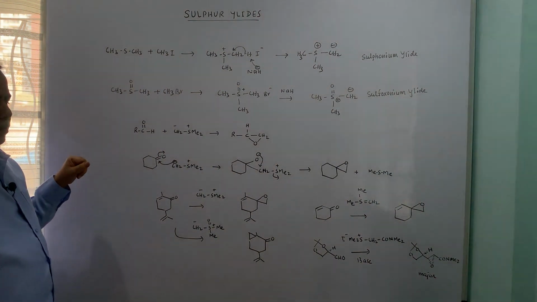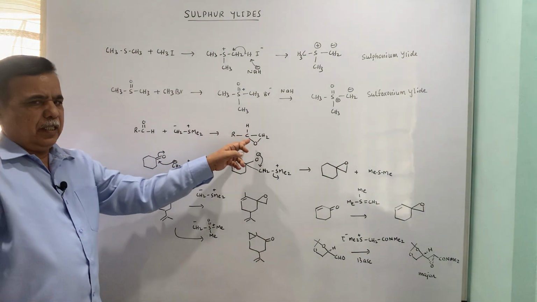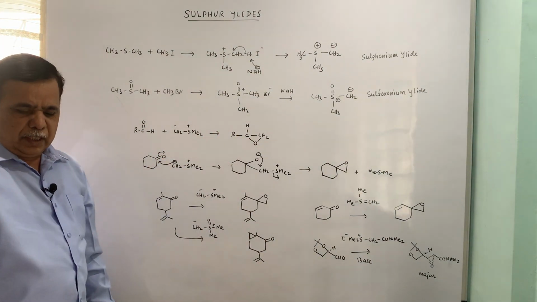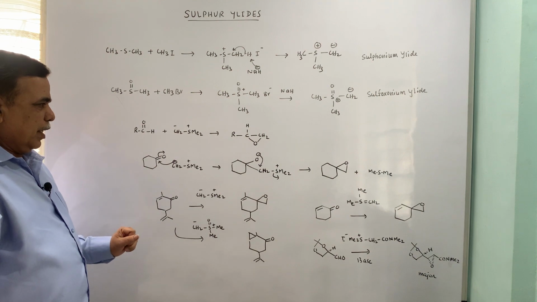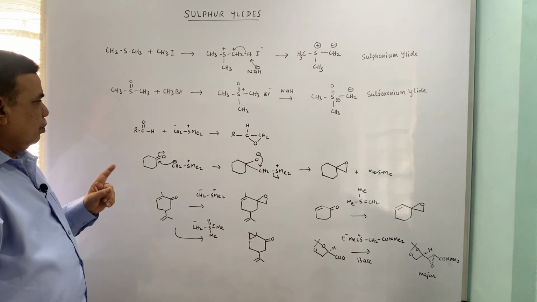Aldehydes and ketones can be converted into epoxide. This is one of the methods for the generation of epoxide from the carbonyl group.